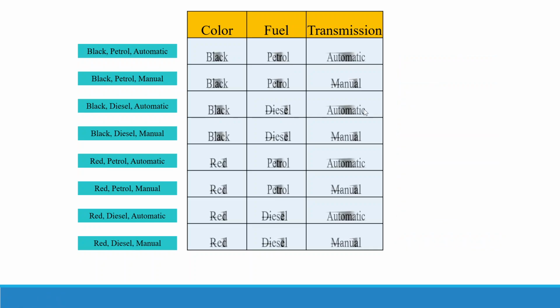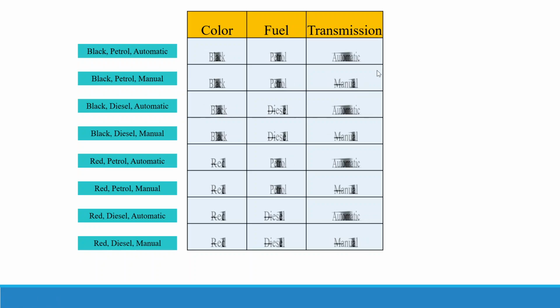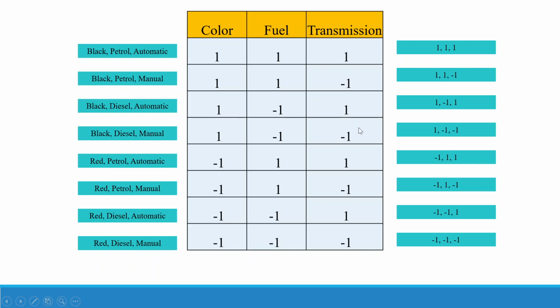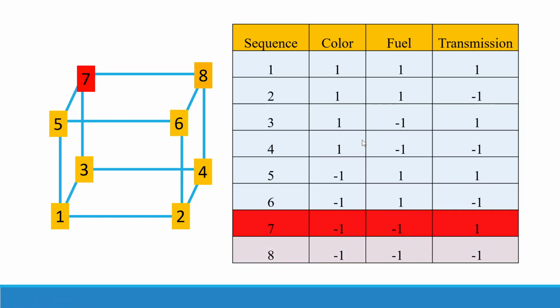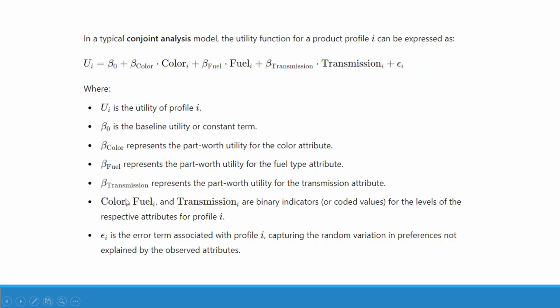In transmission, automatic code is 1, manual -1. So color, fuel, and transmission are the binary indicators or coded values for the levels of the respective attributes for profile i. Epsilon i is the error term associated with profile i, capturing the random variation in preferences not explained by the observed attributes. So the part worth utilities which remain unexplained are captured by epsilon i.